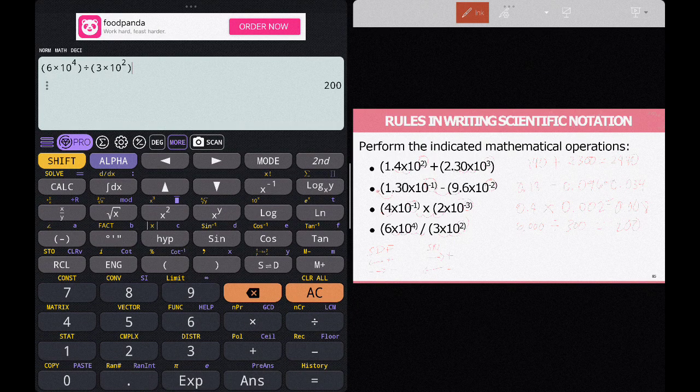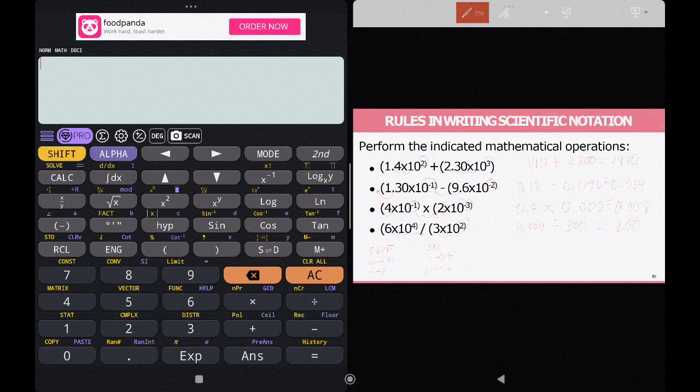Now, another thing, para hindi kayo mahirapan on this one, we have a shortcut also. If you will see this x over y, under the word calc, okay? So you can first simply click that, and then you type. So open parenthesis, you get 6 times 10 raised to 4, and then you close.